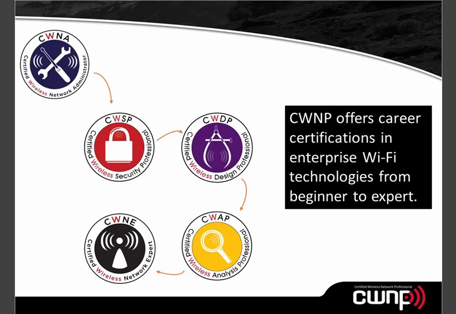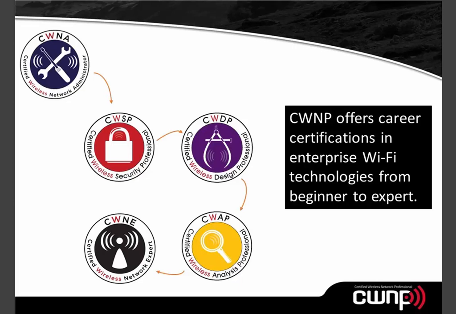The CWTS, we're often asked where it fits in the chain, and I'll tell you where it is. It's a certification that stands alone at this time, and it is a little below CWNA, and so it's a little easier exam than the CWNA exam, and it's actually a good starting point for those who are brand new to wireless.